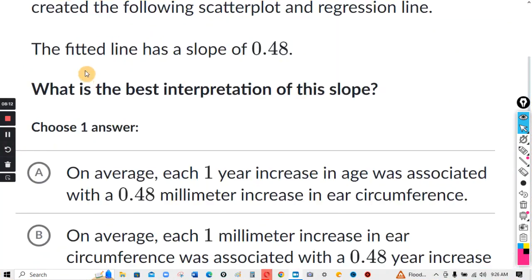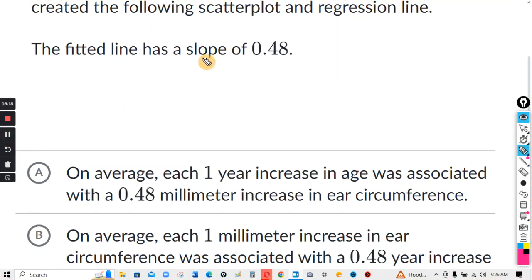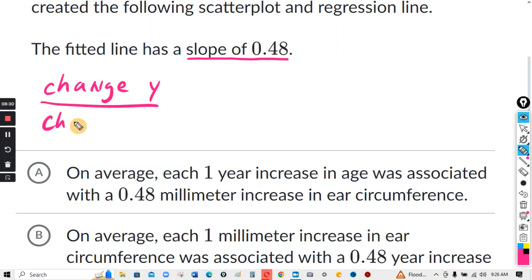Last one. The fitted line has a slope of 0.48. So if the slope is 0.48, that means change in y over change in x is going to equal 0.48 over 1.